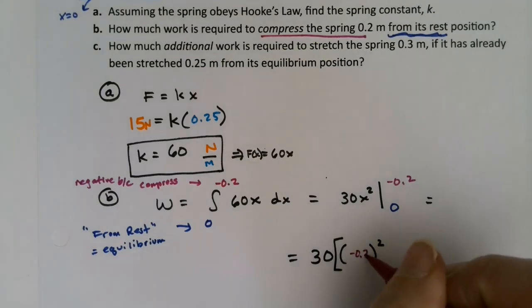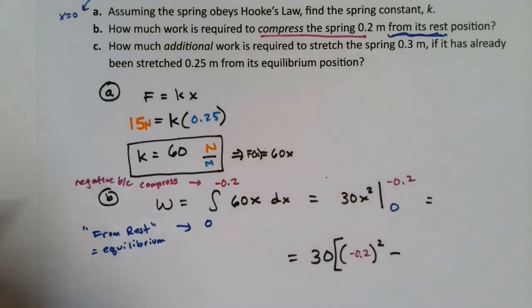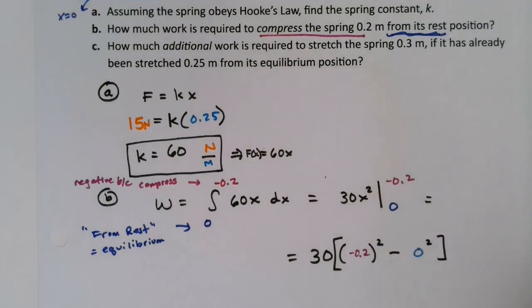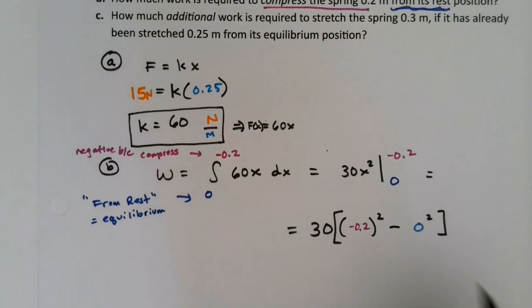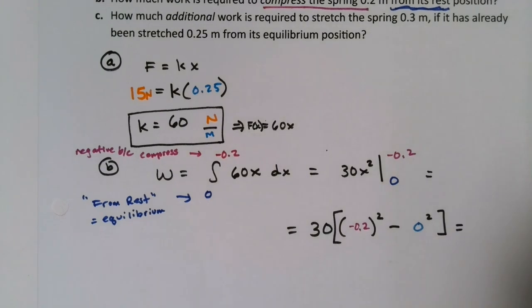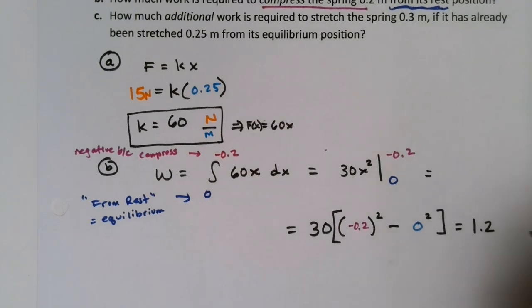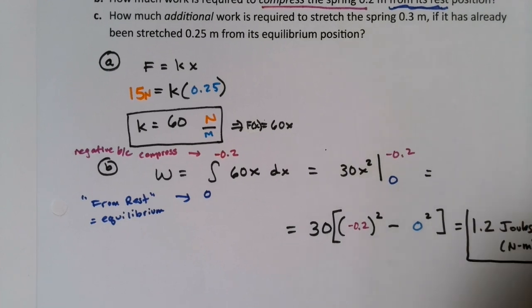I mean, the 0 is kind of irrelevant, but in case you want to see it, there you go. So 0.2 times 0.2 is 0.04, so that's 30 times 0.04, which is 1.2. So this is 1.2. It's joules, or if you like, Newton meters. Either one, whichever way you want to write it.